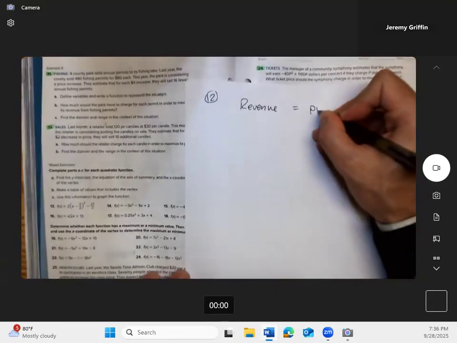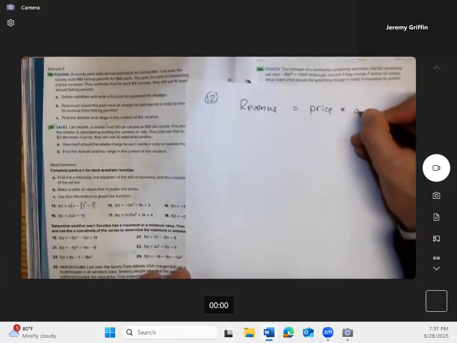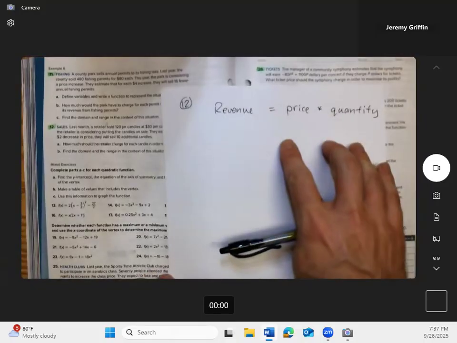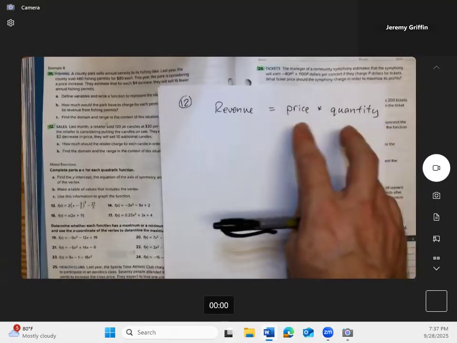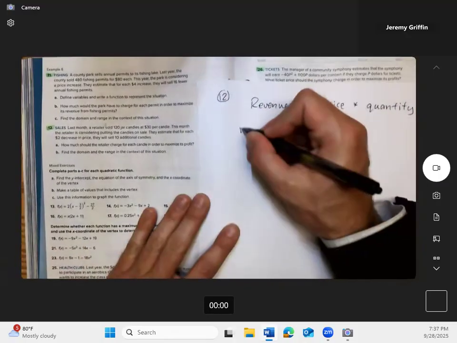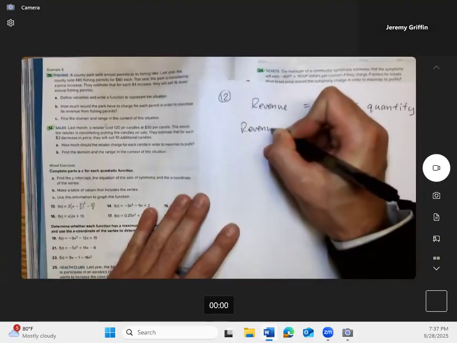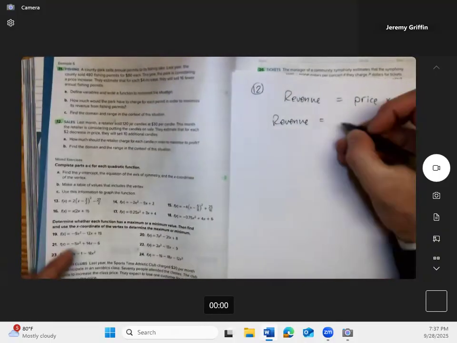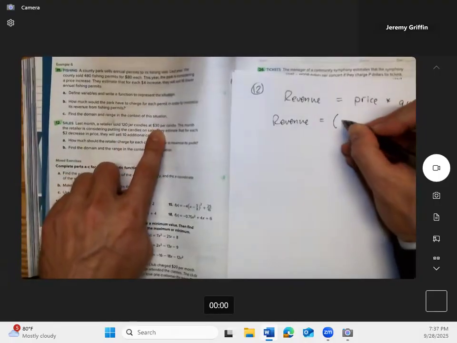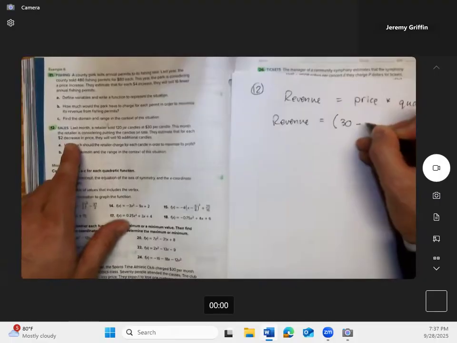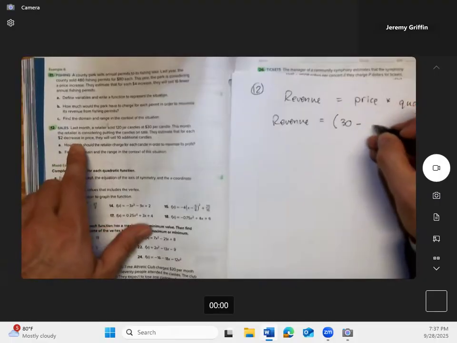If we go back to this example, revenue equals price times quantity. This is really the starting point, and everything branches from there. If you take an economics class, that should look really familiar. We're going to make our own revenue expression. The price starts off at $30 per candle, but then we subtract off $2 price increments, so $2 times the number of increments.